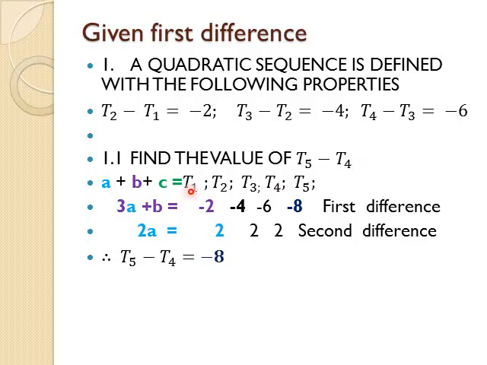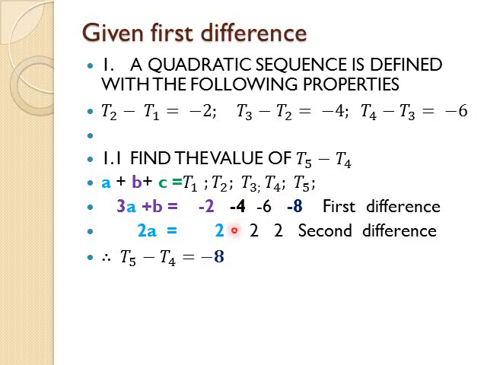So if I list my terms, term 1, term 2, term 3, term 4, term 5: term 2 minus term 1 is negative 2, term 3 minus term 2 is negative 4, and term 4 minus term 3 equals negative 6.